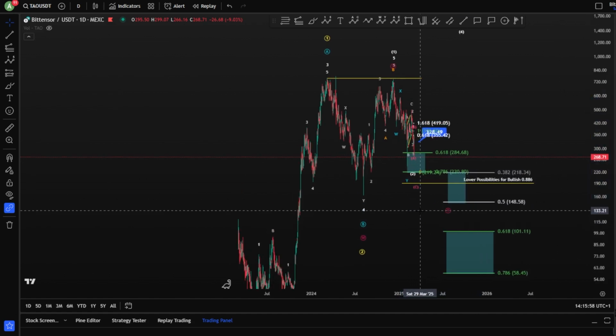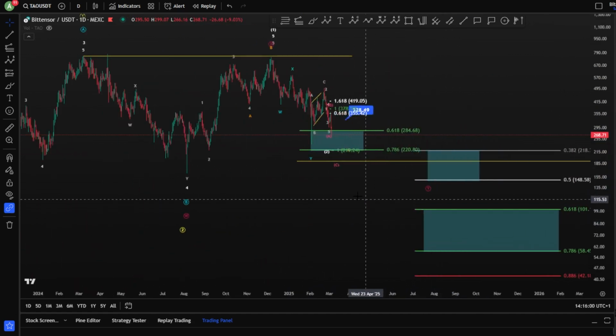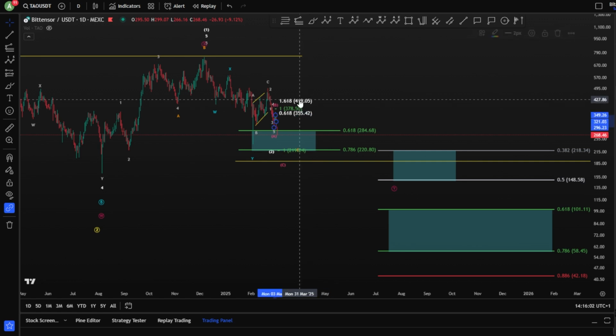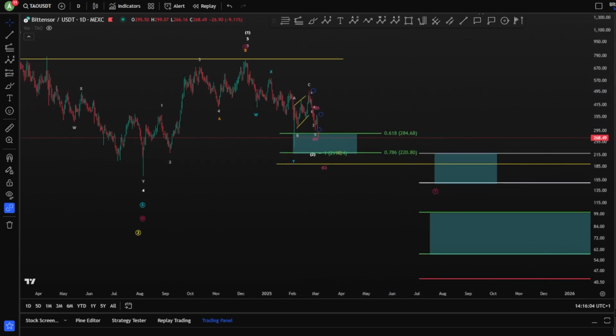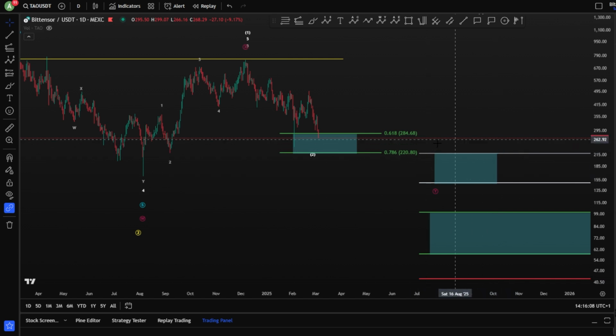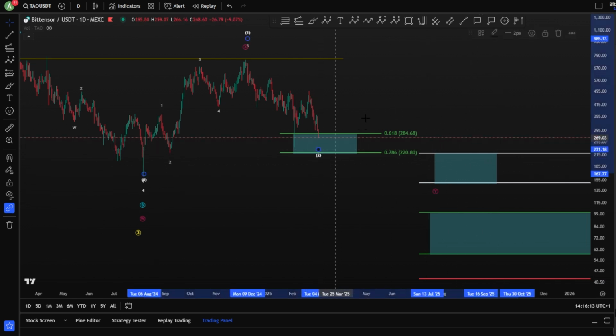So now the two scenarios that we have: do we have the first blue box, or the second blue box? Which scenario is gonna play?